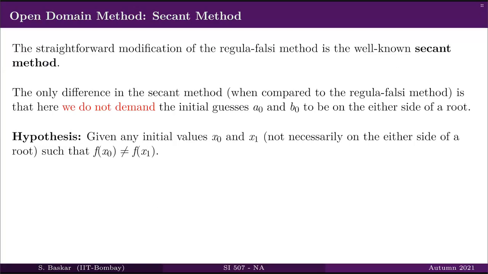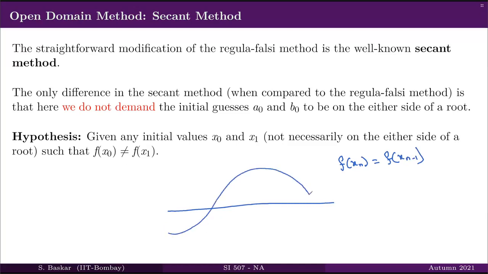But one big problem with the secant method is that it may happen that at some stage you get f(xn) equal to f(xn-1). Say, for instance, if you have your function graph like this, it may happen that your xn and xn-1 are such that f(xn) is equal to f(xn-1).